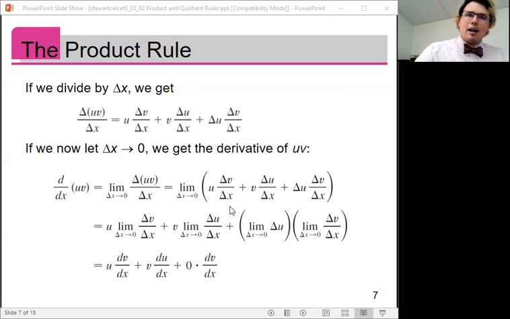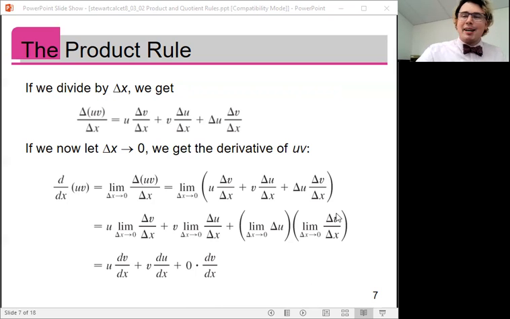Likewise, I'm adding to that quantity v times the difference quotient delta u on delta x, and in the limit as delta x goes to 0, well, that just looks like the definition for derivative of u, the letter u, the variable u. Finally, the last term I have here is delta u times delta v on delta x, and there I do need to break down a little bit more.